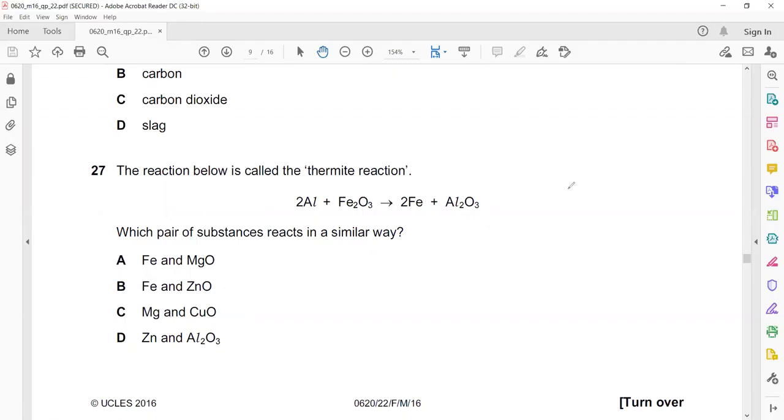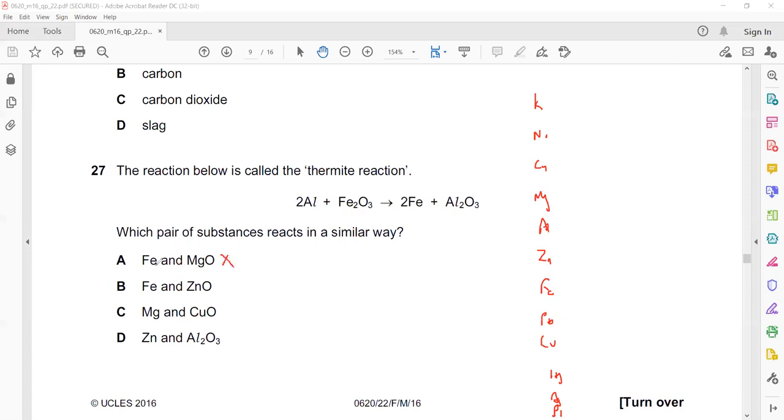So according to the reactivity series, you have potassium, sodium, calcium, magnesium, aluminium, zinc, iron, lead, copper, mercury, silver, gold, and platinum. So iron with magnesium, this will not occur.